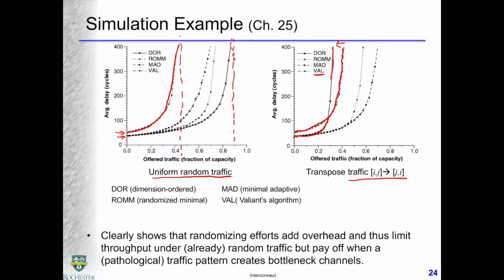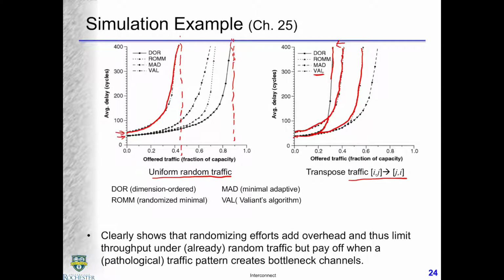Okay, in a good case, it sucks, and it doesn't suck anymore in a bad case, almost. But you can see, all is not lost if you have just some other mechanism. The randomized minimal, which is this dotted line. Okay, that line is pretty good.